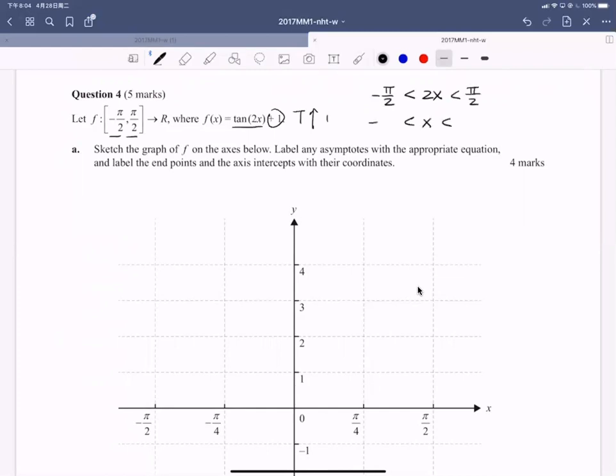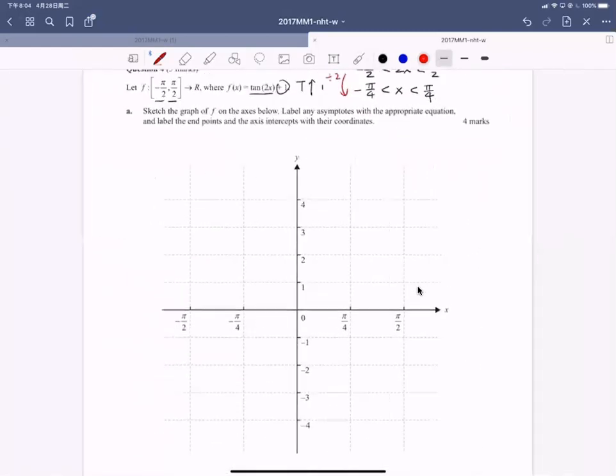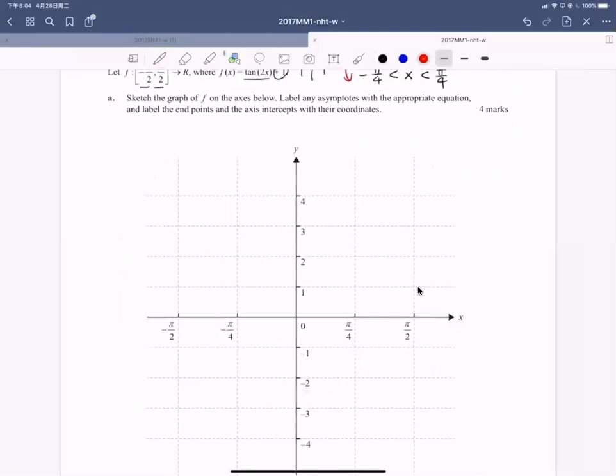Then it will go from minus pi on 4 to pi on 4 because you are dividing 2 for each term in this inequality. Now, with these two values, it is very convenient for us to directly draw two what? Asymptotes. There we go.